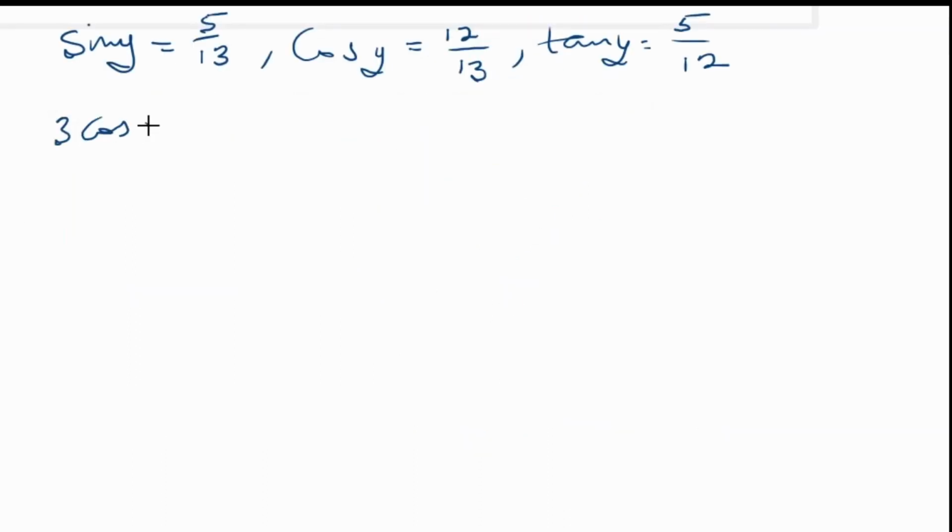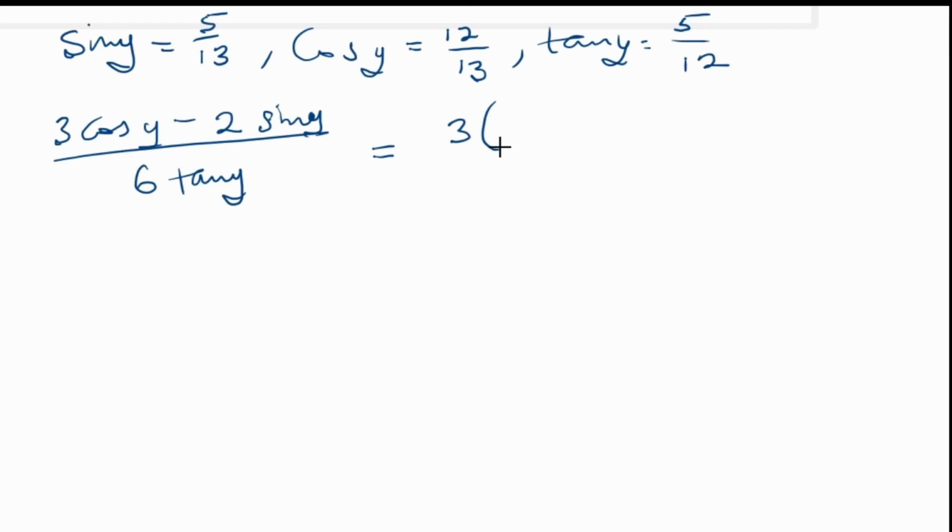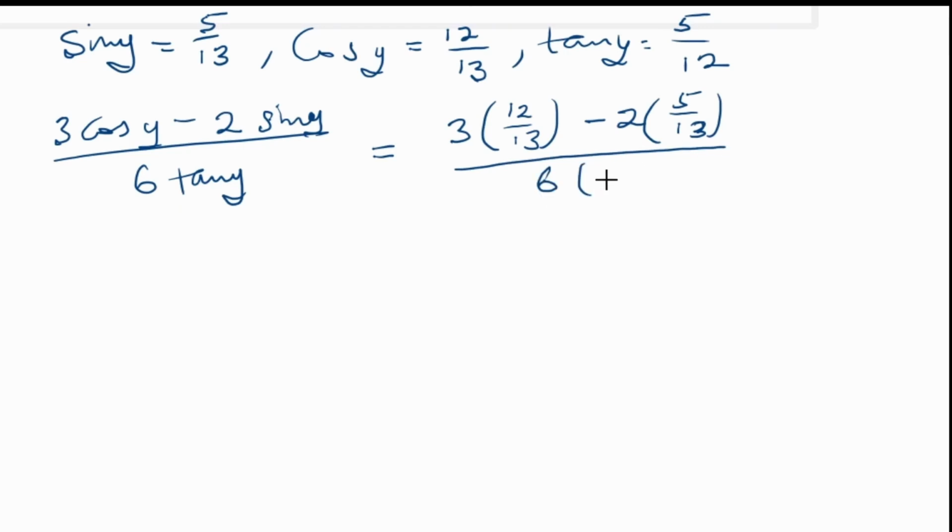Let's rewrite our expression and plug in our values. So 3 cos y is 3 times 12 over 13 minus 2 sine y is 2 times 5 over 13 all over 6 tan y is 6 times 5 over 12.